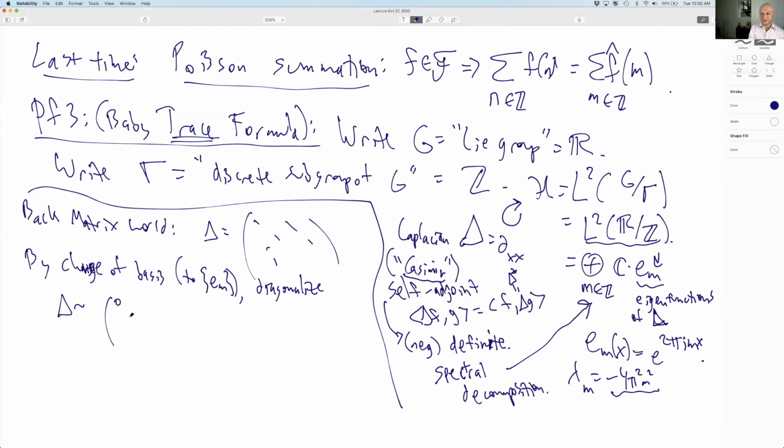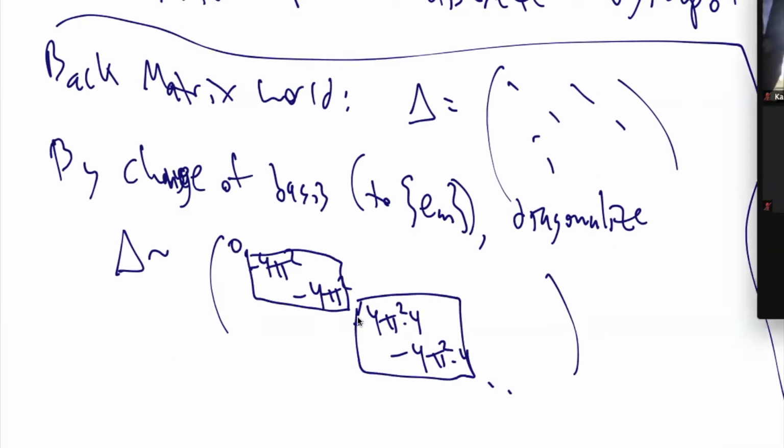There's 0, there's negative 4 pi squared when m is equal to 1 and negative 1, and negative 4 pi squared times 4 when m is equal to 2 and negative 2, and so on. So we have these little 2 by 2 lambda blocks. It's diagonal. We have two eigenvectors, but they come with multiplicity. And so as far as delta is concerned, it can't distinguish them. Any linear combination of e_m and e_minus m will also give the same eigenvalue.